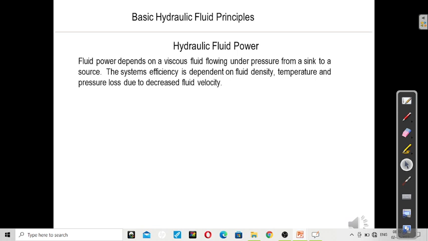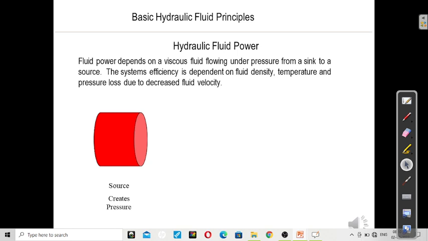Then what is hydraulic fluid power? Fluid power depends on a viscous fluid flowing under pressure from source to sink. The system's efficiency depends on fluid density, temperature and pressure loss due to decreased fluid velocity.